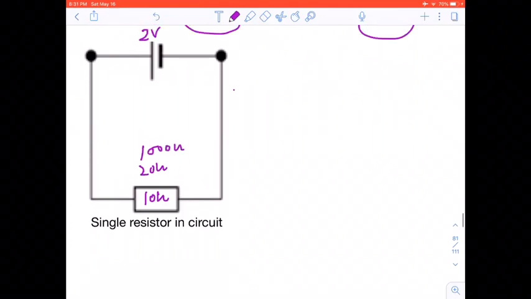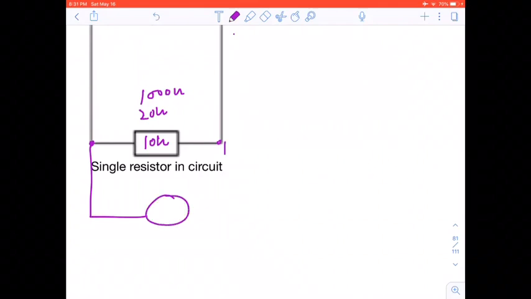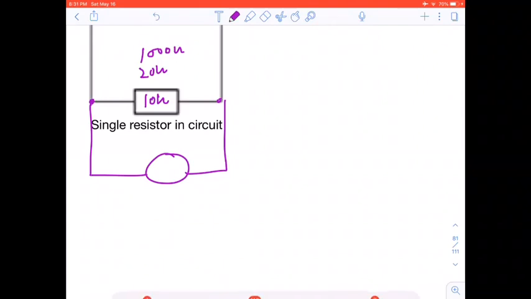What we do know is that the voltage across this particular resistor will be equal to the voltage that the battery is providing, so it will be 2 volts. Whether it's a 10 ohm, 20 ohm or 1000 ohm resistor, the voltage across would be 2 volts.